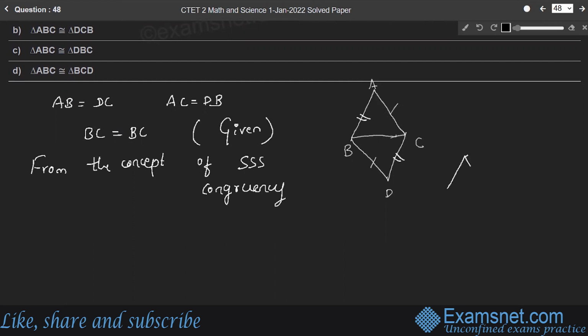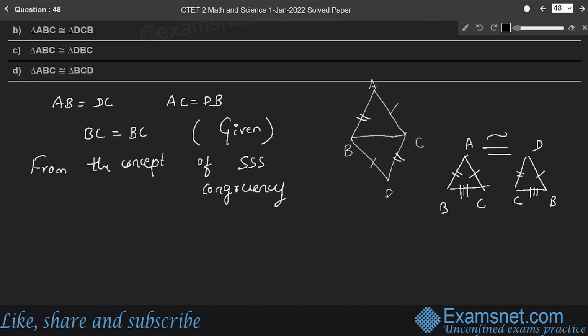So roughly you can take two triangles on the same side, ABC and DCB. Here AB is equal to DC, AC is equal to BD, and since they are inverted, you can say BC is equal to BC. So these two triangles are congruent.